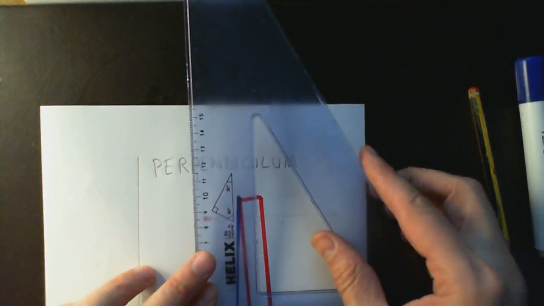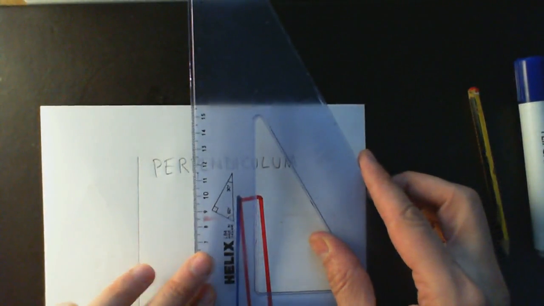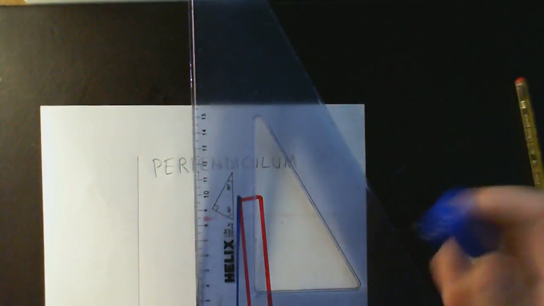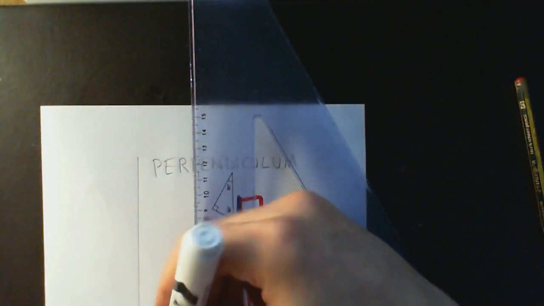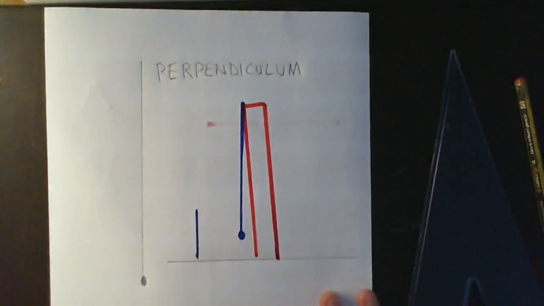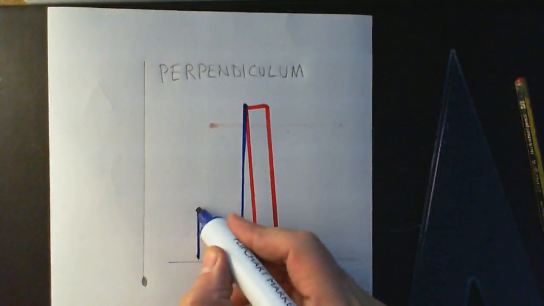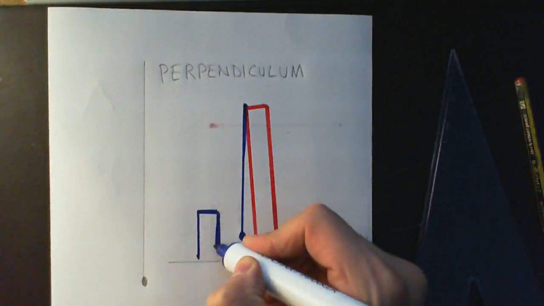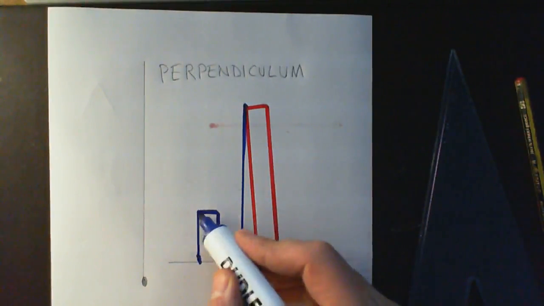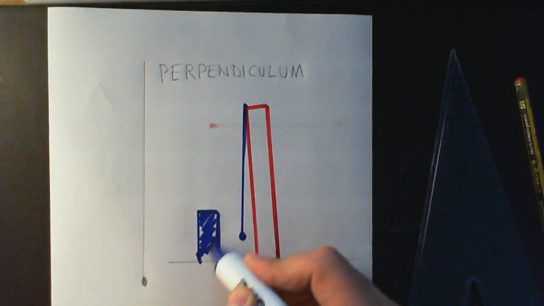So a Roman wall would have been nice and perpendicular to the ground. This is a nice perpendicular wall. That would have made any Roman emperor very happy.